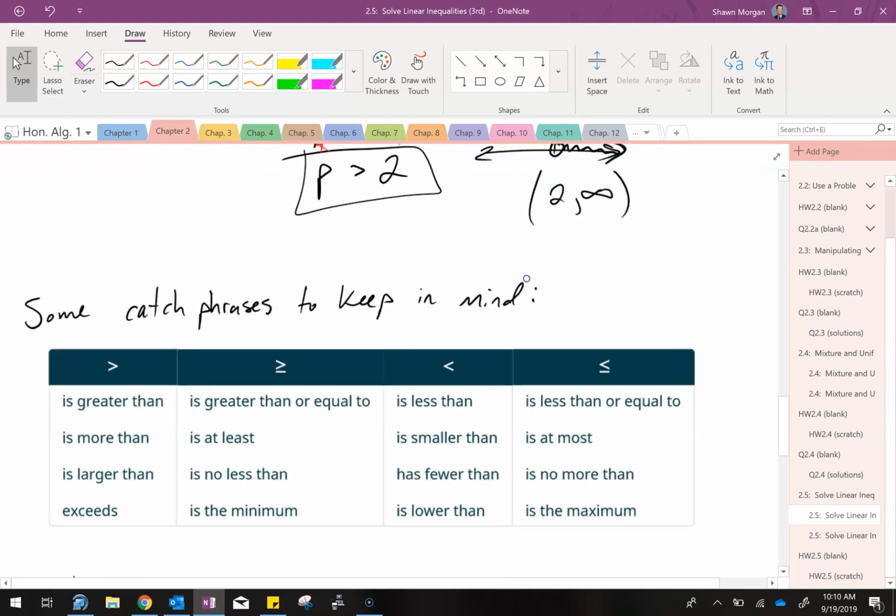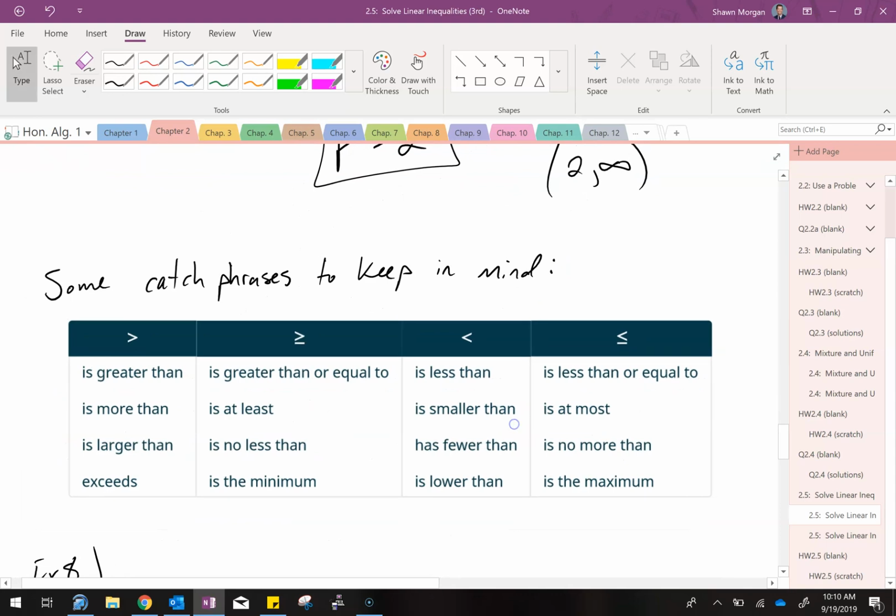Now, take a look at this next screen that I've got right here before you. These are some catchphrases. You don't have to write all these down, but just kind of peruse the list. Notice these are ways that we could translate from English into math. So, for example, the phrase is at least. Like if I said the amount of money in my account needs to be at least $100 in order to avoid some type of banking fee, right?